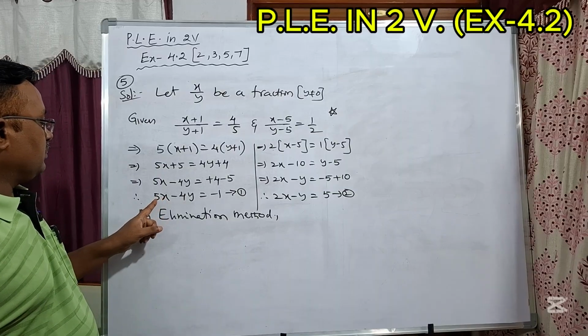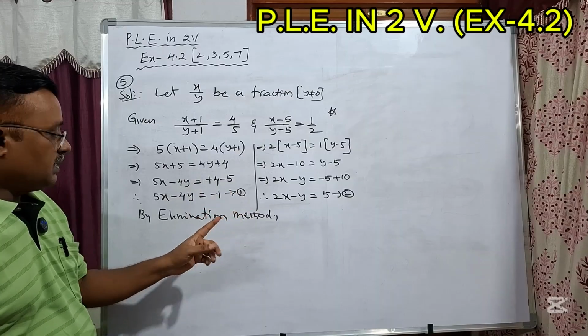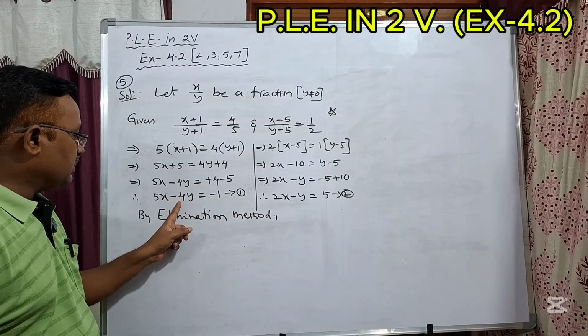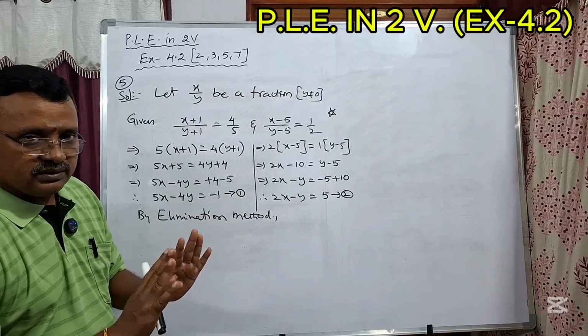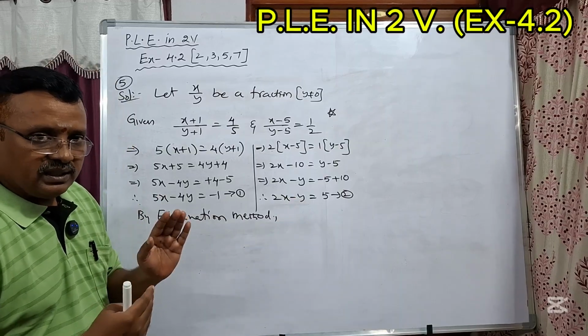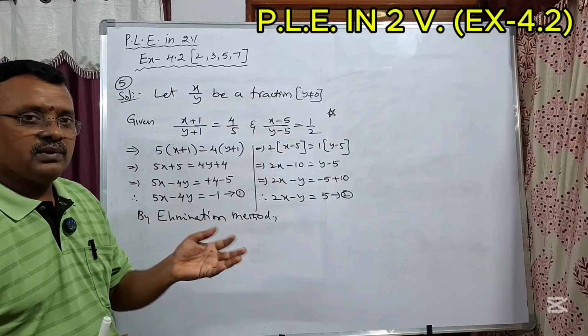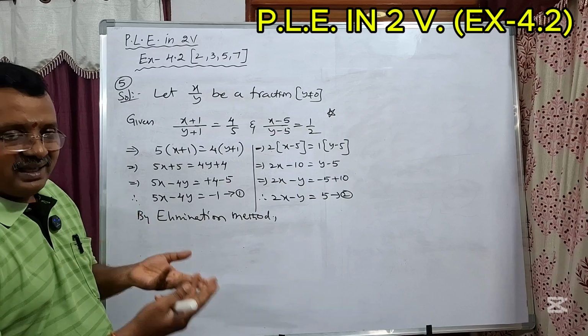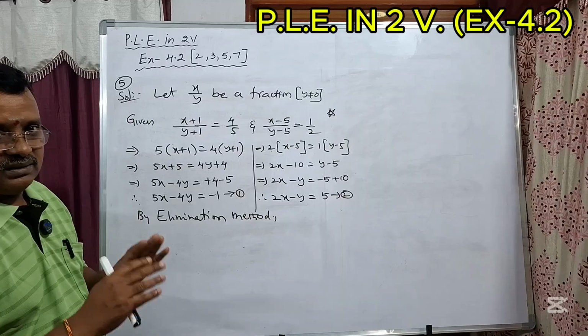X variable, x coefficient 5 here, x coefficient 2 here. Both are not the same. Here the y coefficient is minus 4, here the y coefficient is minus 1. Both are also not the same. We have to make either the x coefficients the same or the y coefficients the same to cancel them either by adding or by subtracting.